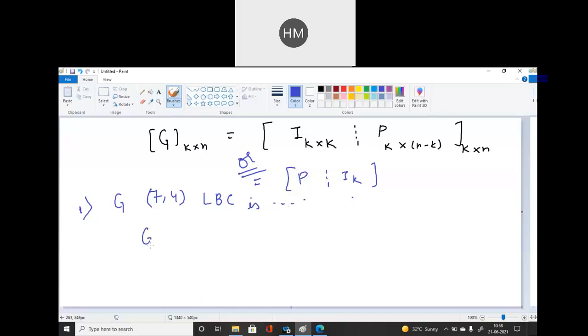So the generator matrix is given to you. Okay, here we are using this method. So the identity matrix is first, and how many rows and columns will the identity matrix have, students, for this (7,4) code? Who can tell? For (7,4) block codes, how many rows and columns will I have in the G matrix? Who can tell?